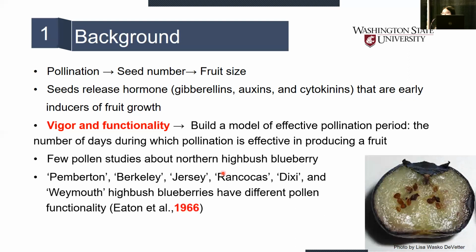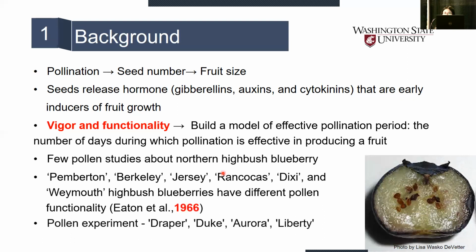But this study was conducted in 1966. Yeah, half a century ago. And they are very old cultivars. So we need to know about the cultivars we plant today. So I chose Draper, Duke, Aurora, Liberty to study the pollen biology.